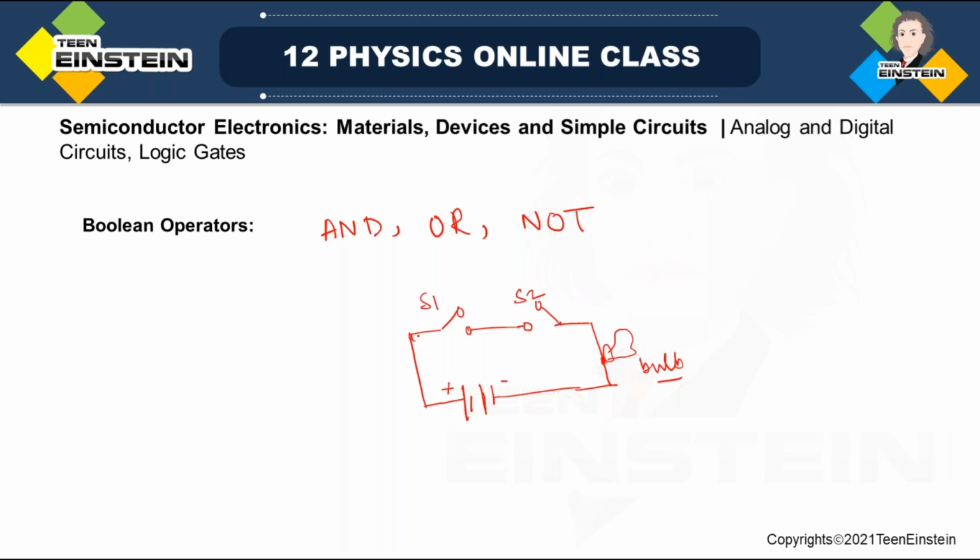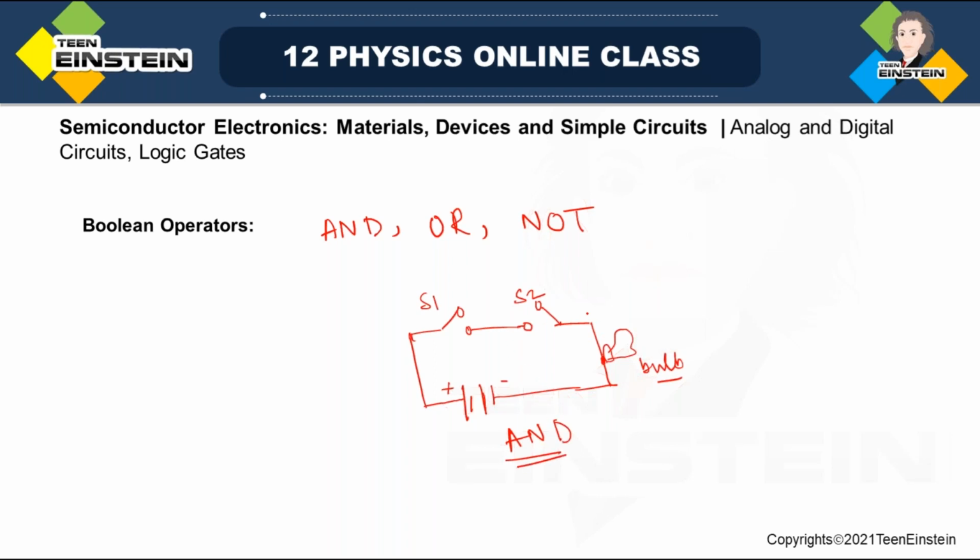So look, the AND operation is saying that if both the switches are on, then only the bulb will glow. Since this bulb is in series with these switches, if both switches are on, then only your bulb will glow.